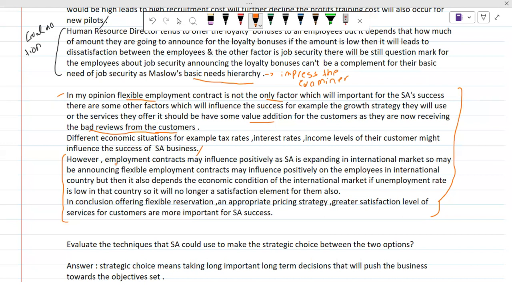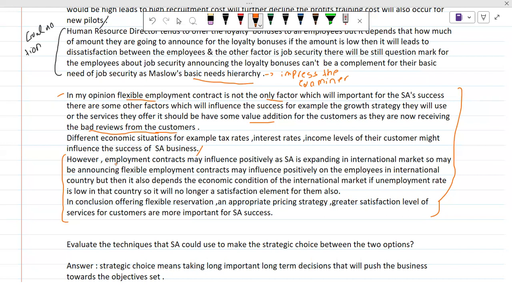So flexible employment contracts are growing in other countries. In India or some Asian countries, it is still very important for people to get 9 to 5 jobs.